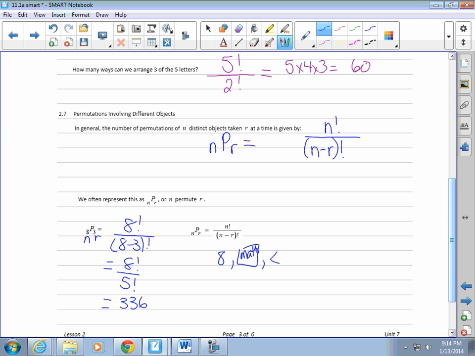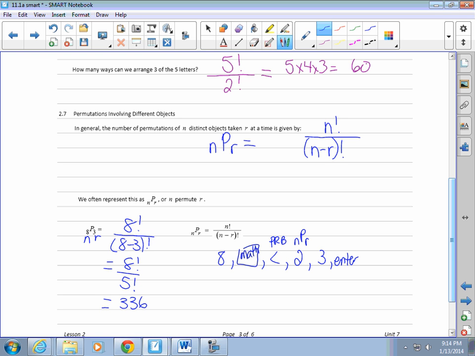Use that left arrow again so that I go into PRB. Followed by, if you look, your second choice on there is nPr. So that's choice 2, which gives you the permutation formula. And then you enter in what your r value is. So in this case, my r value is a 3, and then enter. And you get 336.